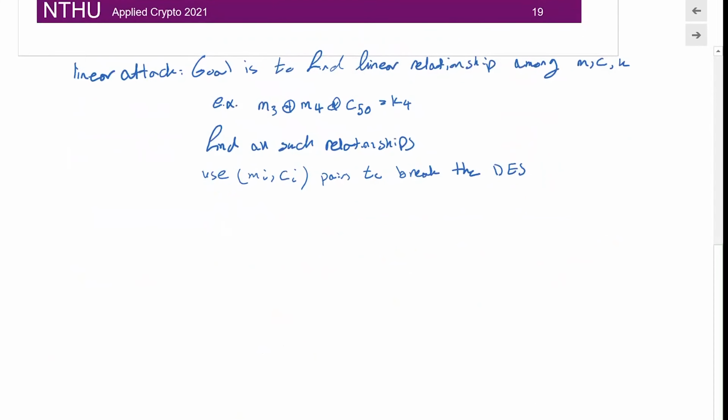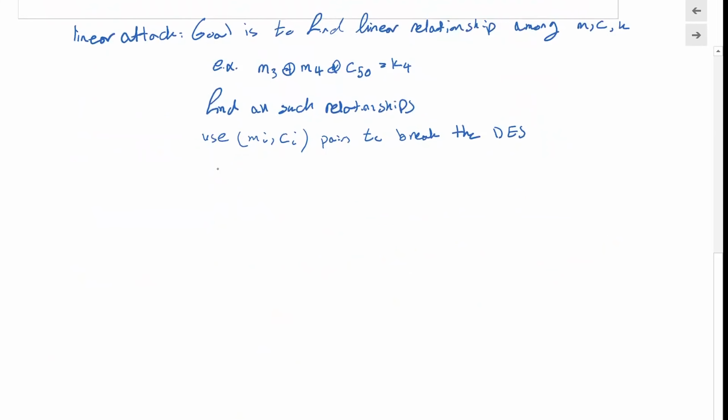It has been shown that with the linear attack, we only need 2 to the power 43 because, with the help of this linear relationship between the message and the ciphertext, we are able to get some of the bits from the key, and then we fix those key bits and iterate over the other remaining bits.